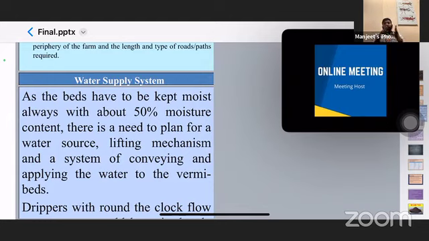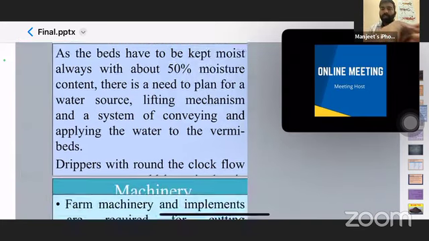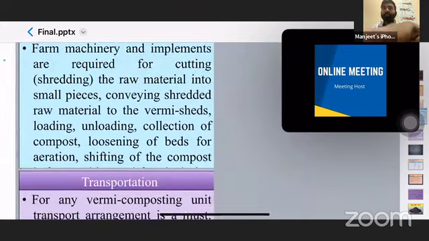Such a water supply system requires considerable initial investment if we purchase sprayers and automatic drippers for wetting the bed, or it can be reduced by applying the water directly by some labor manually. So this is also a critical input.